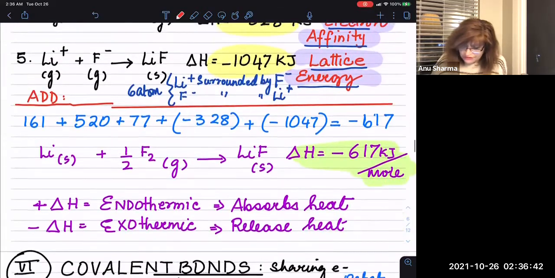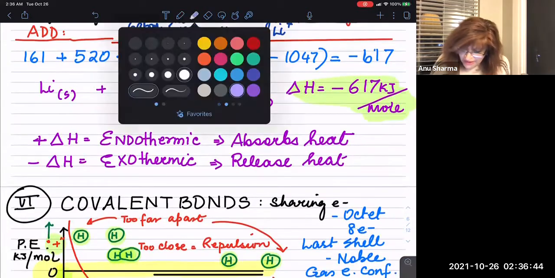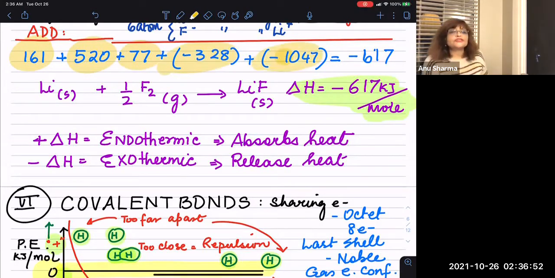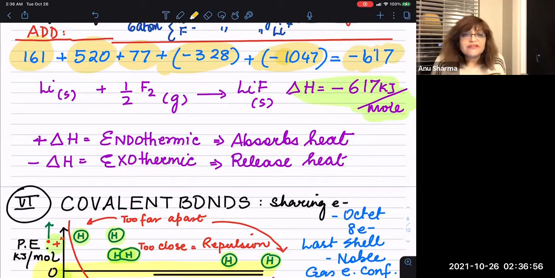So when you do this math, you have 161 plus 520 plus 77 minus 328 and minus 1047, and that gives you a negative 617. Negative 617 means that this is an exothermic reaction, and all exothermic reactions release heat, and the value of delta H is negative.